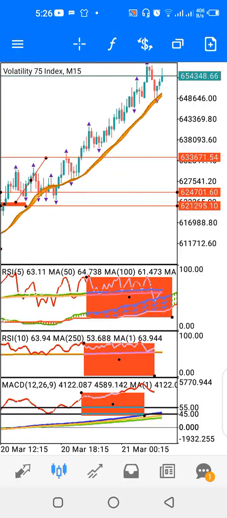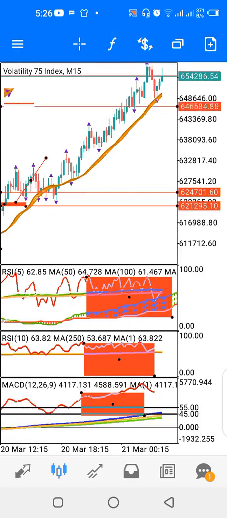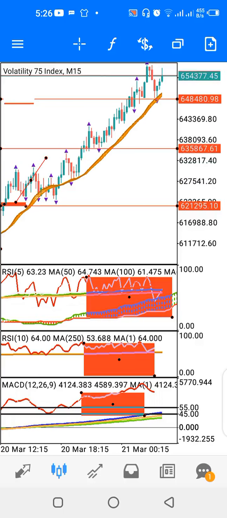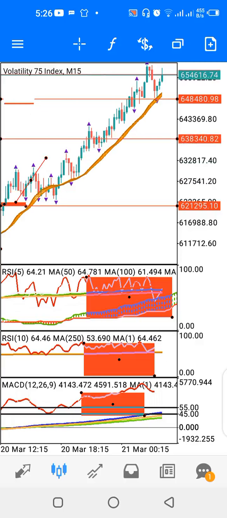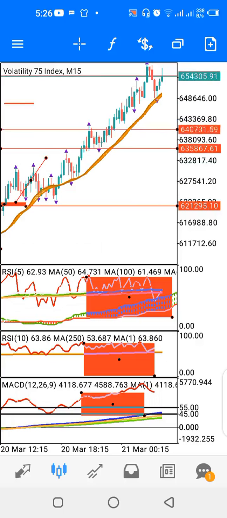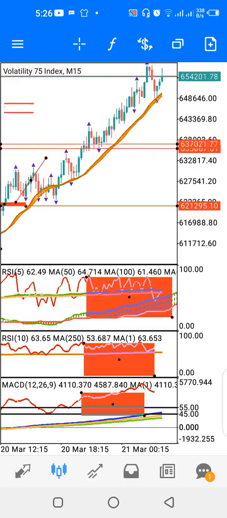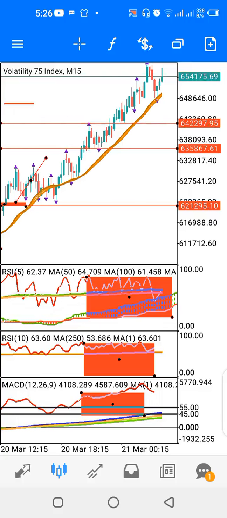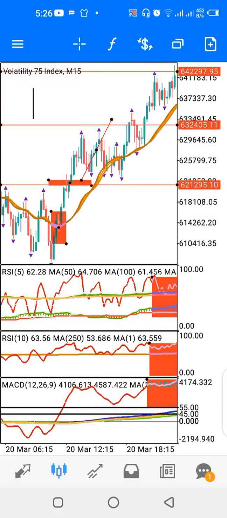As volatility 75 price continues up, you shift your stop loss and you protect your trade. Make sure you give it some distance so that when it fluctuates or reverses, it will not trip your stop loss and your account will still be protected. So that's for the buy scenario.